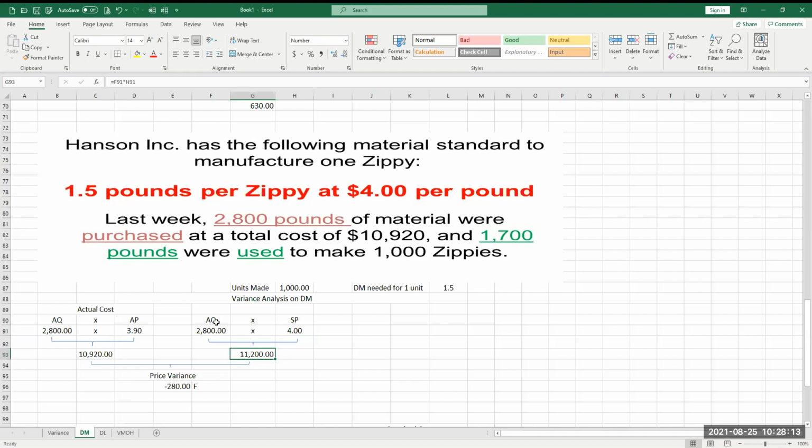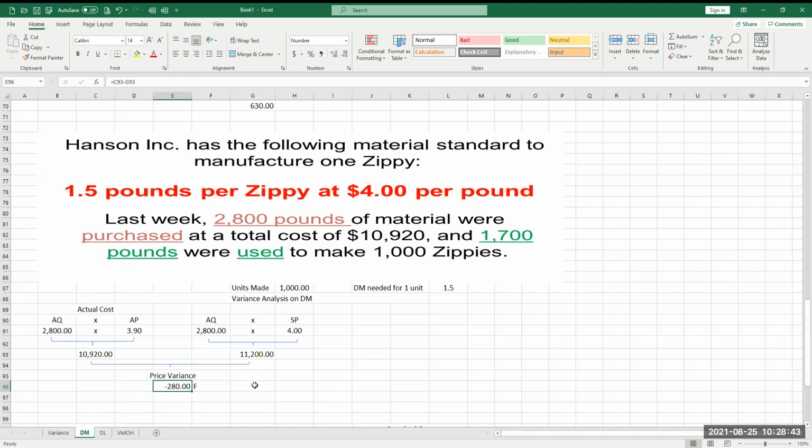So based on my standards, I am supposed to pay $4 per pound. I'm purchasing 2,800 pounds. But because I'm purchasing at the lower price, 390, my price variance is favorable or unfavorable? Favorable. I'm spending less money, correct? Based on my standards.